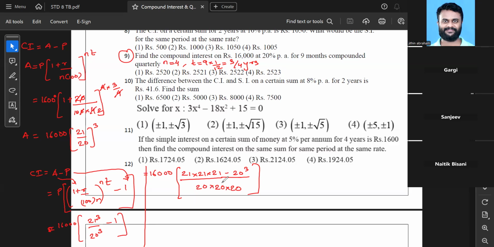Great. Now I'm going to do cancellations. Three zeros I'm canceling with three zeros over here. And 2, 2, 2, total 8, cancel with 16, you are left with 2. Now it is 2 multiplied with this number. 20 cubed is 8,000. And 21 cubed is how much?